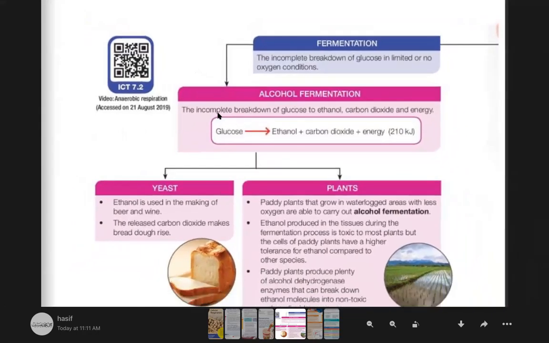Okay, so apa jadi ni? Awak tengok ni. Incomplete breakdown of glucose into ethanol, carbon dioxide and energy. So glucose tadi, dia akan ditukarkan kepada ethanol, carbon dioxide and energy. Okay, you compare here. This is the energy will be produced. Okay, 210.